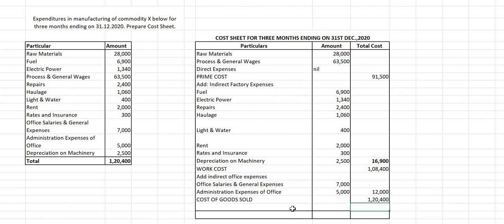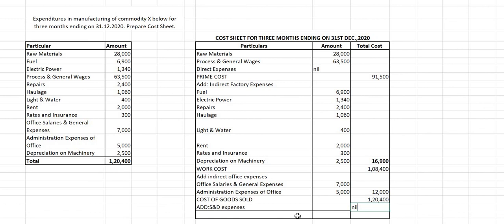Now in this we have to add selling and distribution expenses, but no selling and distribution expenses are given, so we can write nil.